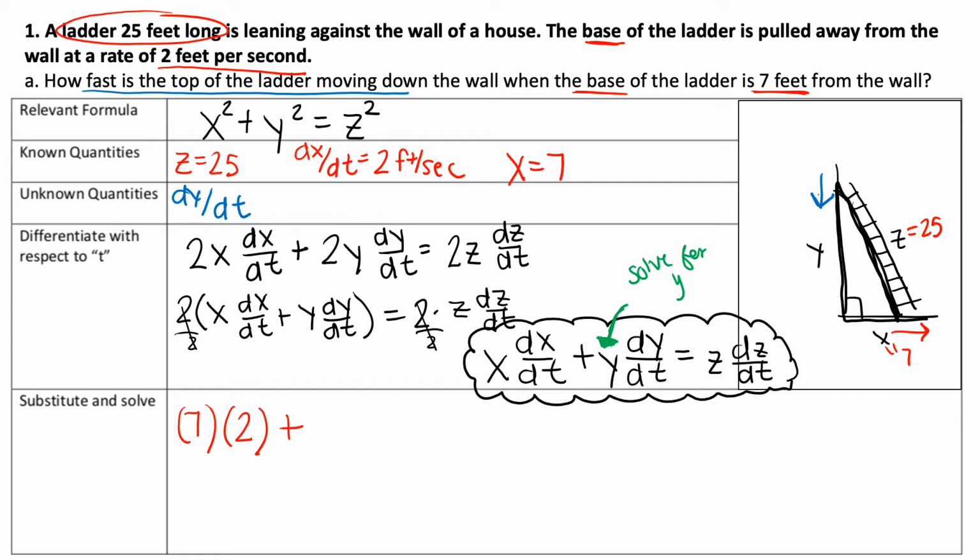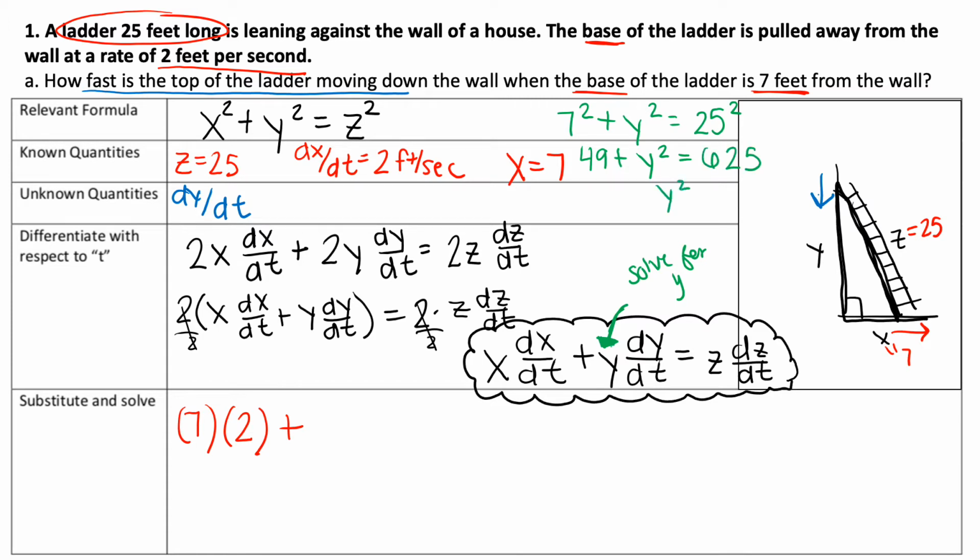So using x as 7 and z as 25, we know that 7 squared plus y squared gives us 25 squared. So 7 squared is 49 plus y squared, and then 25 squared is 625.